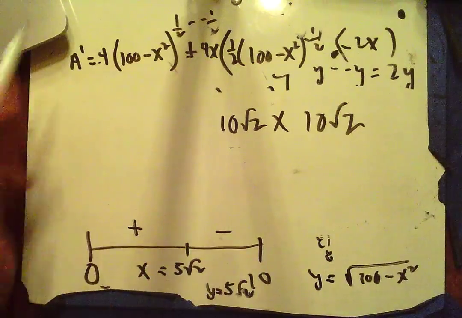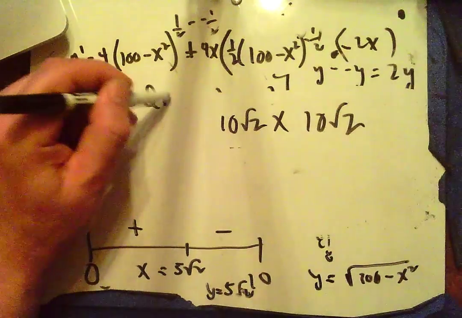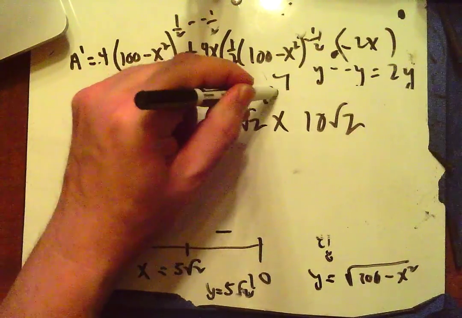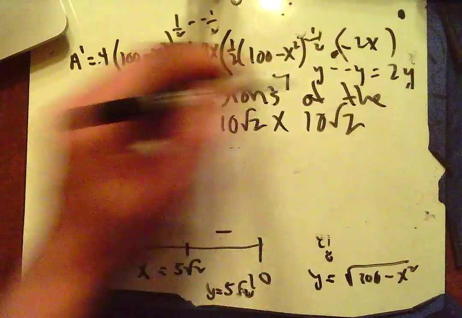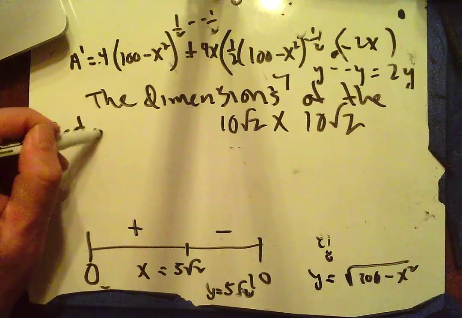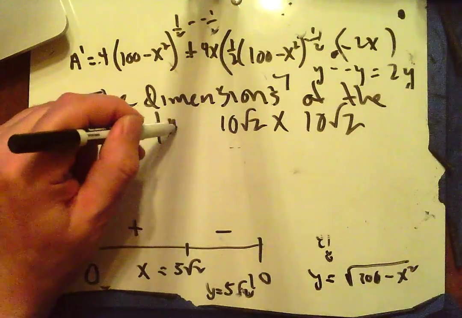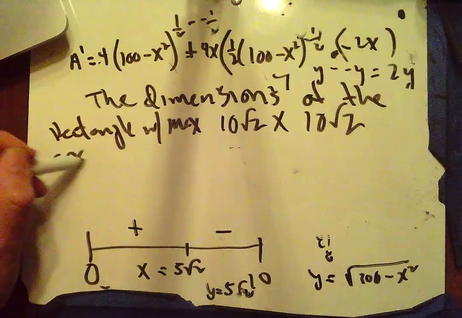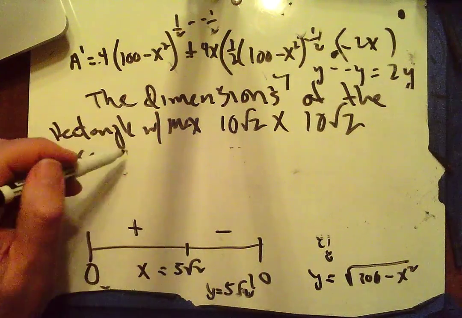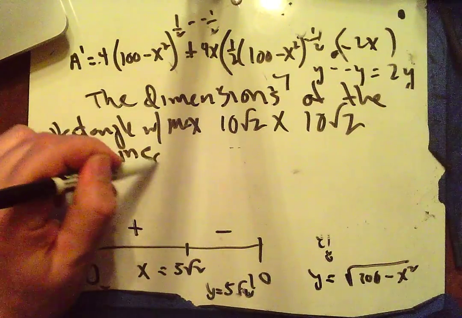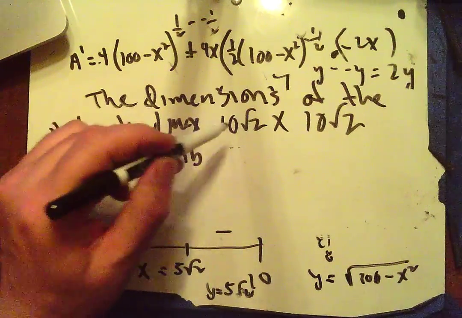So I might say: dimensions of the rectangle with max area inscribed, maybe you don't need to do this part of the sentence.